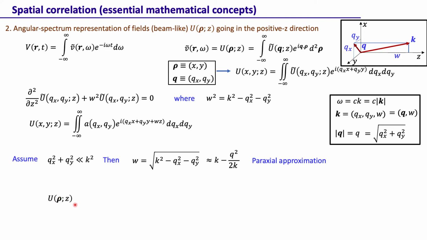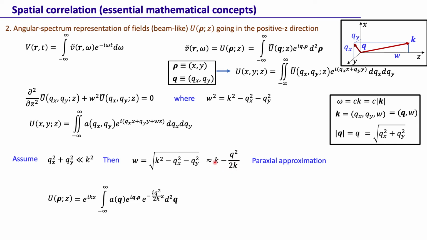Okay. So within this approximation, we can write u(x, y, z). Now I am writing this in a two-dimensional way. So x, y I am writing as rho, z is z, and on this side a(q_x, q_y) I am writing as a(q), e to the i(q_x x plus q_y y) I am writing as e to the i q dot rho, and this w(q) I am writing as k minus q squared by 2k.